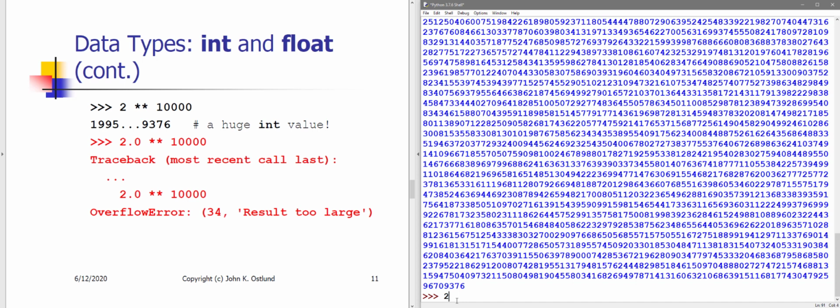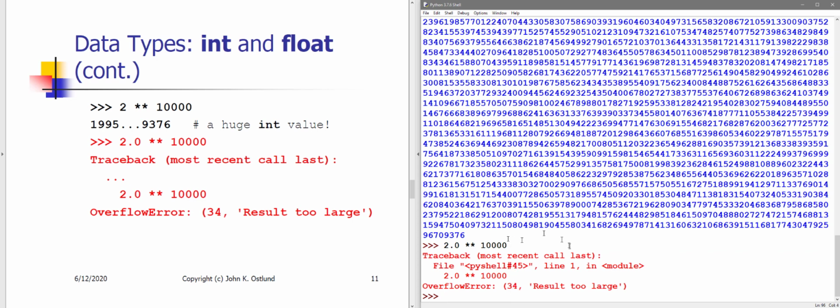However, if I compute 2.0 to the 10,000th power, 2.0 is a float, and even though the fraction part is 0, it turns out it's not valid to try to compute 2.0 to the 10,000th power as a floating point number, because in the format that floating point values are represented in the machine, that value is too big to fit.